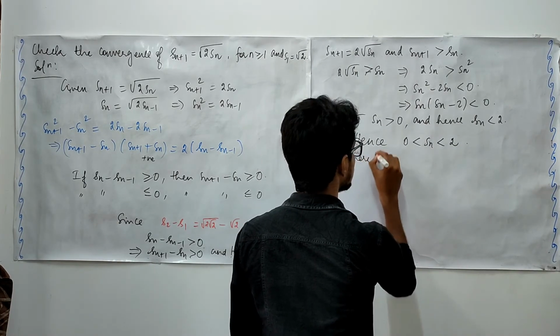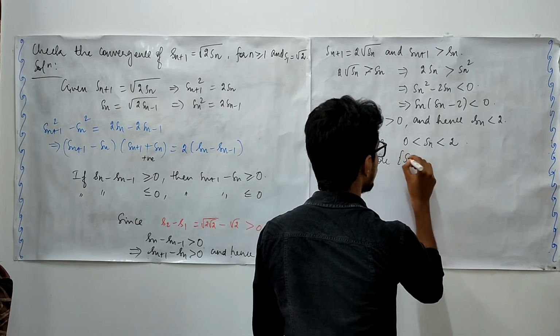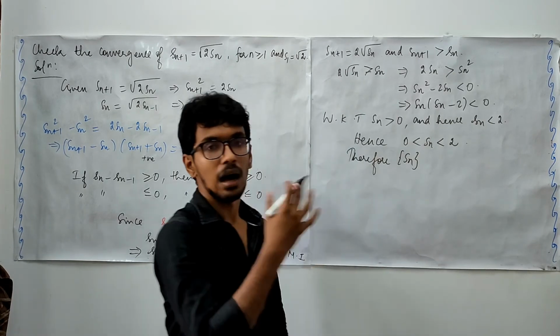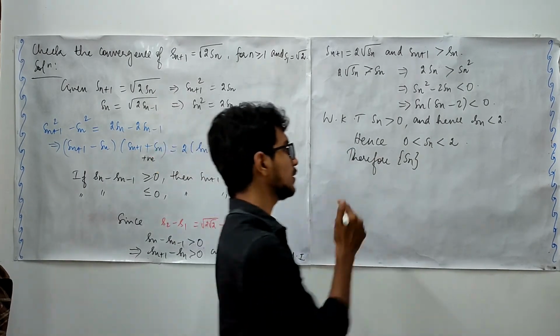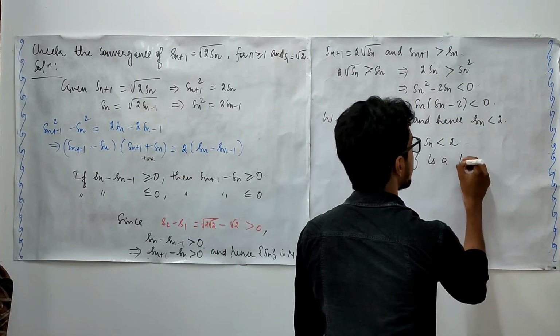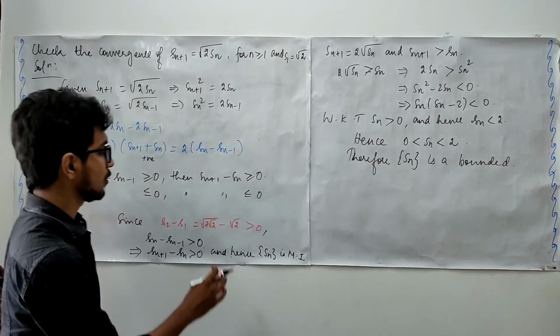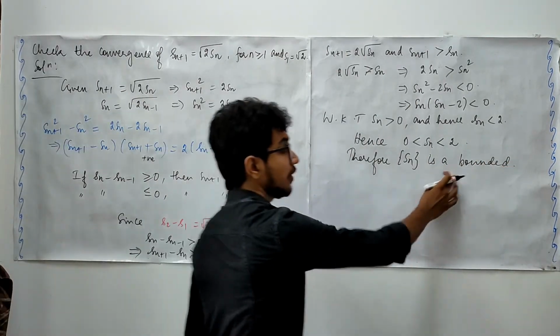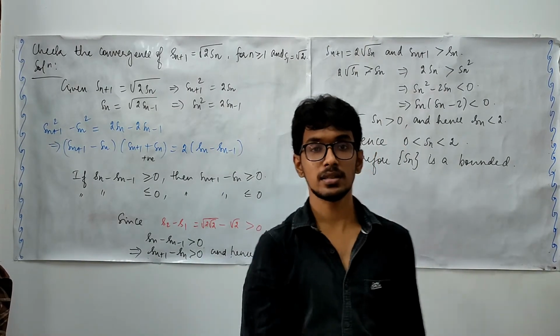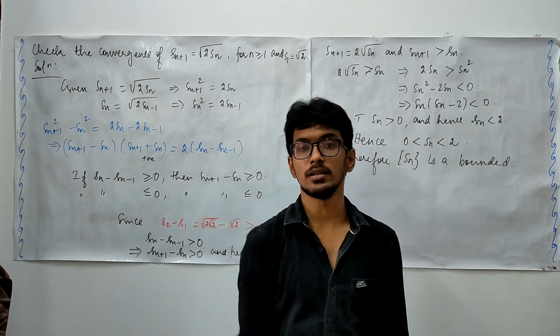Therefore what? We are able to identify upper and lower bounds of this sequence. Hence Sn is a bounded sequence. Okay, we have proved it is monotonically increasing, and finally we have proved it is bounded, and hence the sequence is going to be a convergent sequence.